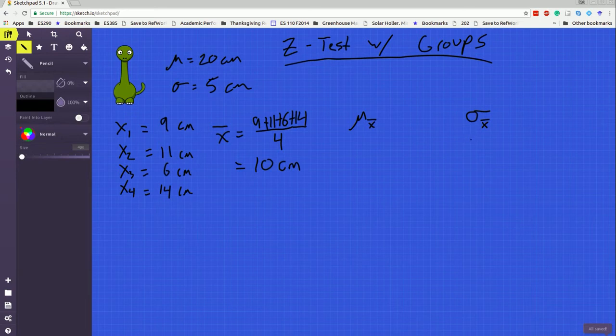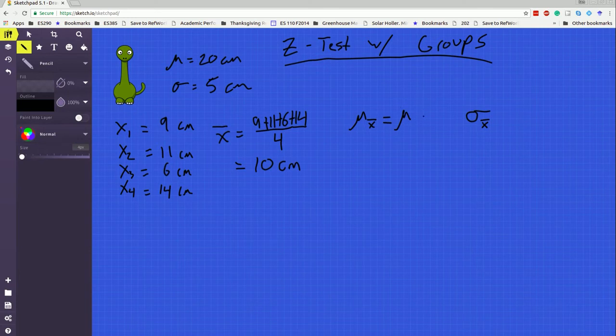Okay, cool. And one of the nice things is that these new statistics that describe our population of Meadville hellbenders are easily relatable to our statistics for individual measurements. For example, our mean of group measurements is just equal to our original mu. It's the same thing. It takes the same value as the mean of individual measurements.